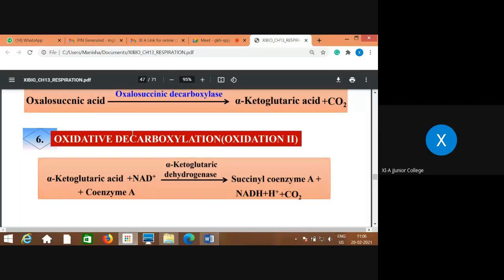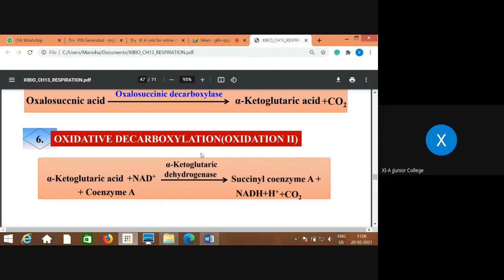Second oxidative decarboxylation, and second oxidation takes place where decarboxylation, that means removal of C, where oxidation or second oxidation, or you can say dehydrogenation, where this NAD gets converted into NADH2, and this is the second removal of carbon.